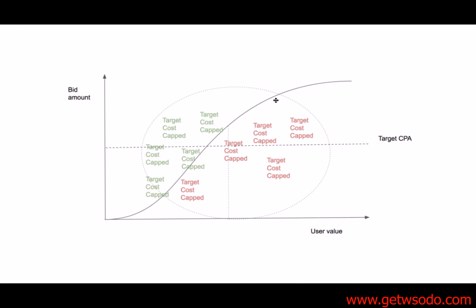So it may be that if your CPA target is $30, a $45 or even a $50 target cost will be more profitable for you if your conversion rate and your click-through rate are doing really, really well. And so that's why I always recommend getting that working effectively on auto before you start switching to manual.